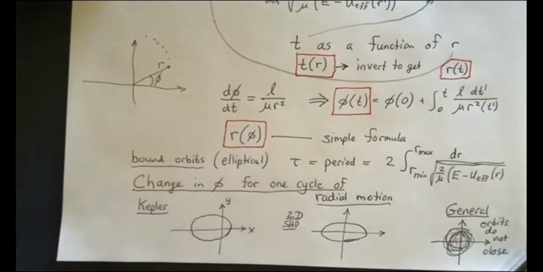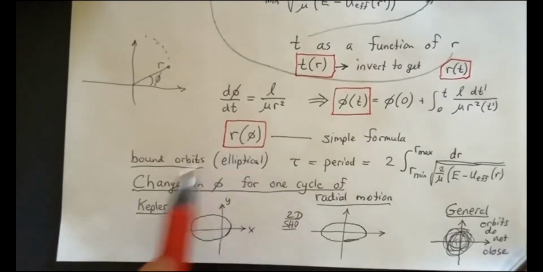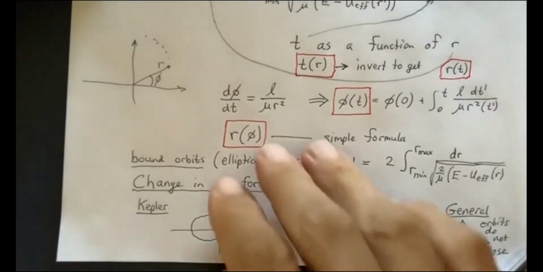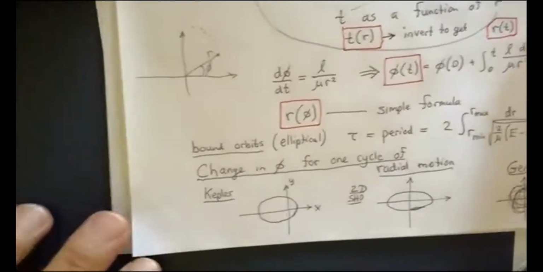This formula enables you to draw the elliptical orbit. You can draw the closed curve, for example. If it's a hyperbolic trajectory, you can draw that using this formula. And again, the other ones are much more difficult, so we want to investigate those formulas.